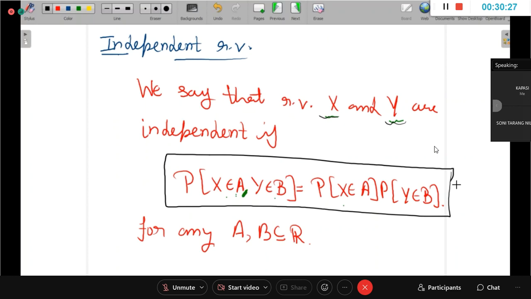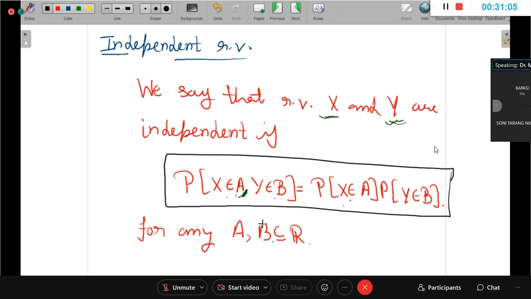I think this is easy to follow if you have followed the definition of independence of two events in probability. So P(X belongs to A, Y belongs to B) is equal to P(X belongs to A) times P(Y belongs to B), for any A, B subsets of R. For any A and B from the subsets of R, if this happens, then you say that X and Y are independent.